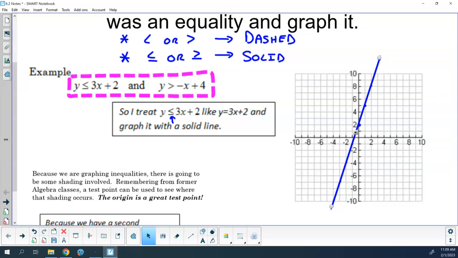Then, because it's an inequality, there is going to be some shading involved.